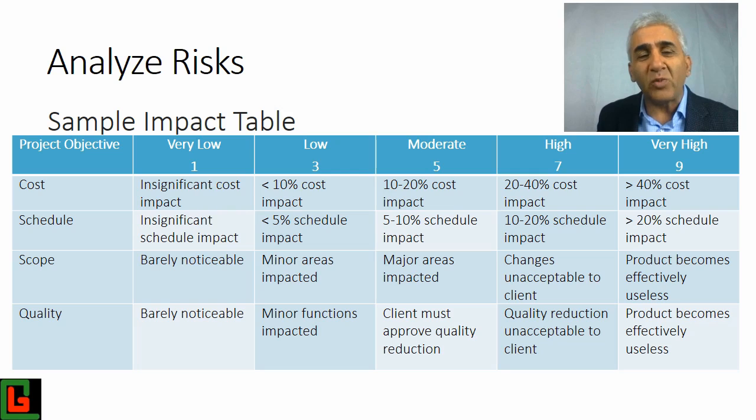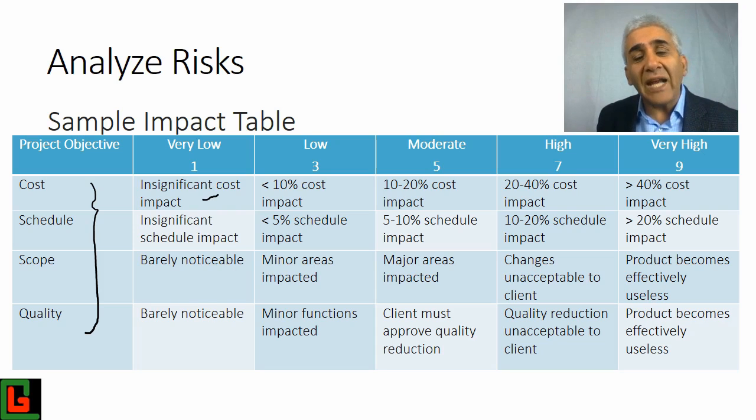The project wants to meet these four objectives, so anything which affects these objectives is a risk. If we look from very low to very high, let's say cost: if the particular risk does not affect the cost or has a very insignificant effect on the cost, then it is number 1.